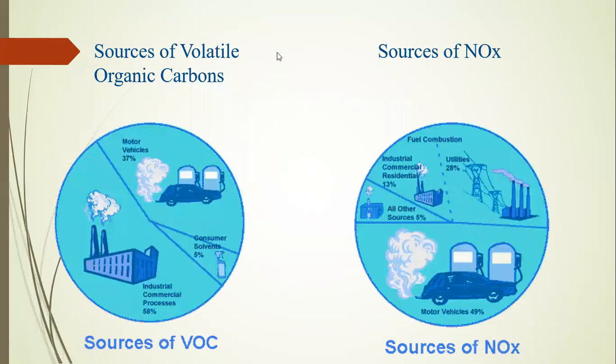That's the view of another source: volatile organic carbon and the source of NOx. Volatile organic carbon means carbons are mostly available in fossil fuel. Most fossil fuels are bonded with carbon and hydrogen. Carbon combines with oxygen and hydrogen combines with oxygen, and they produce CO2 plus H2O.